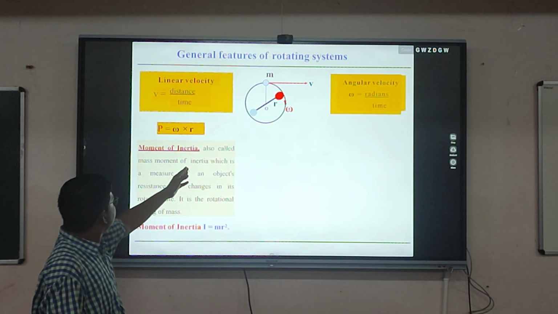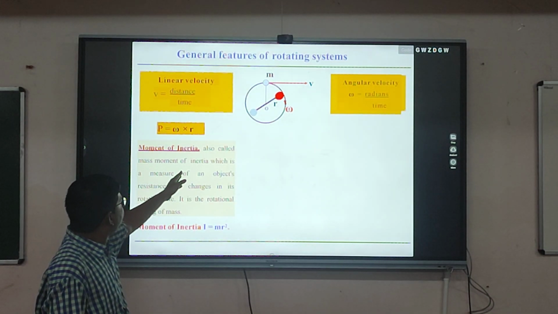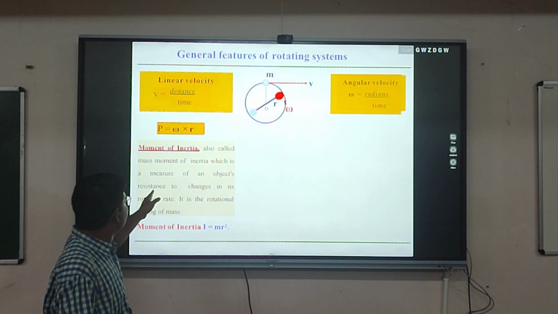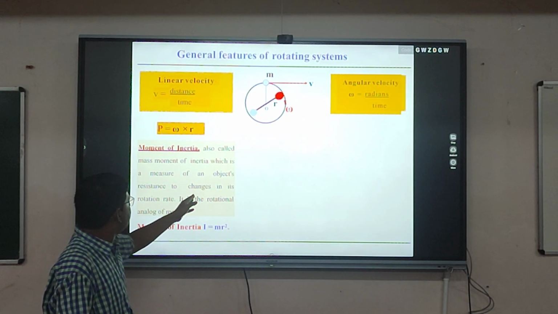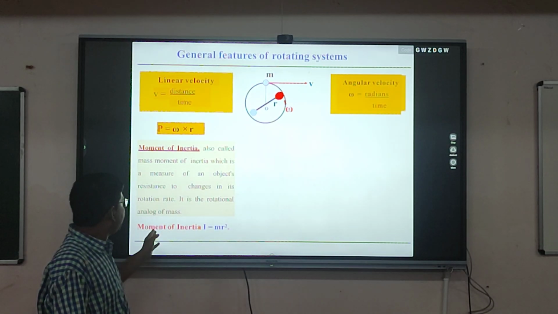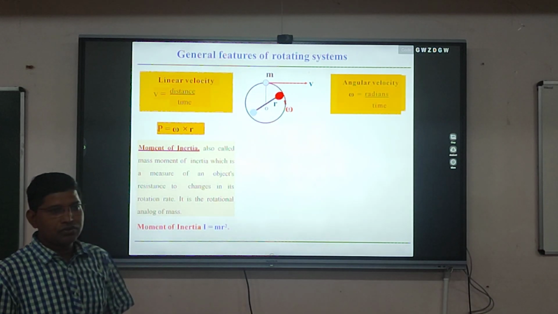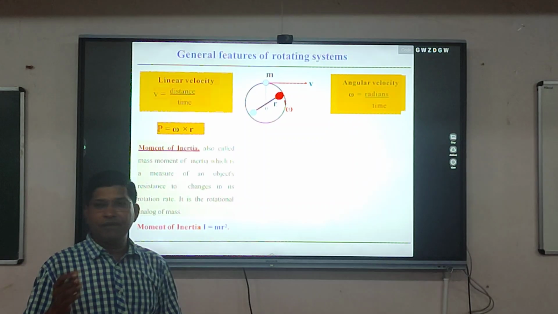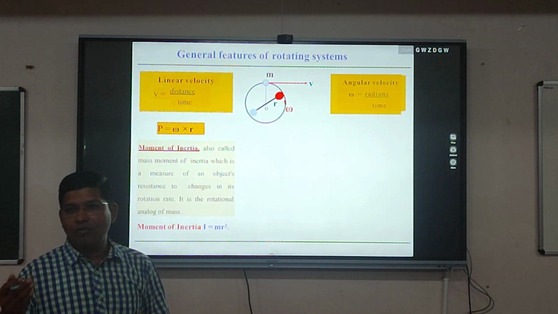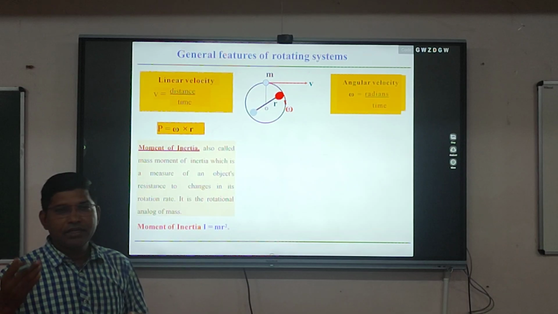Moment of inertia is also called the mass moment of inertia, which is the measure of an object's resistance to the change in its rotation. So generally moment of inertia is related to the mass of the body.